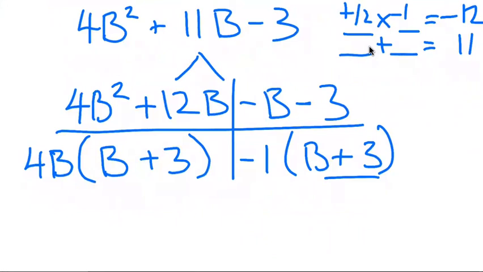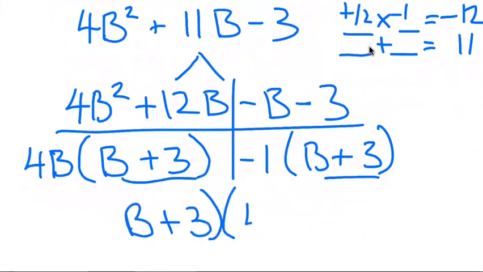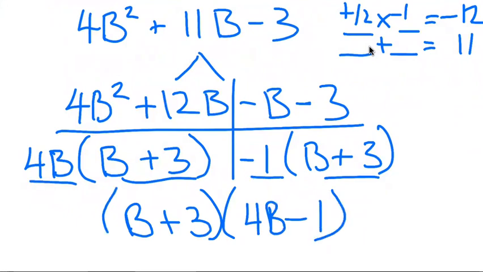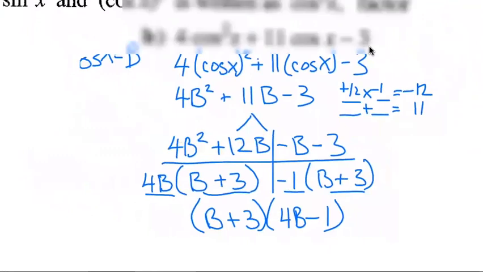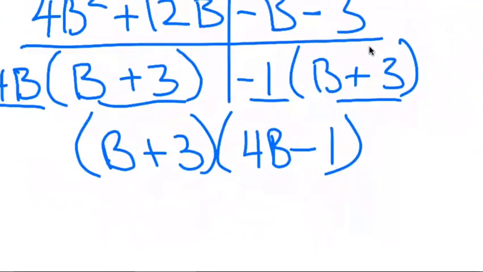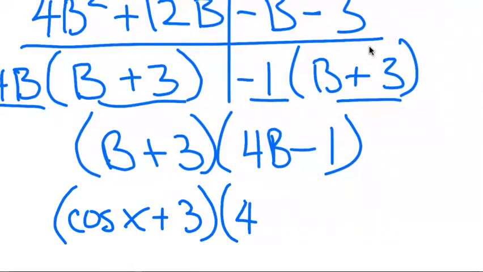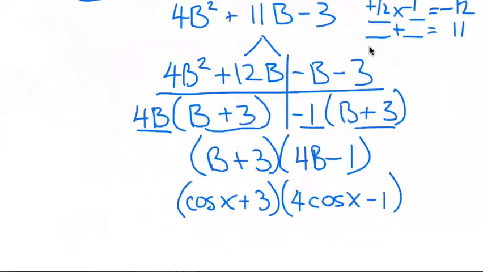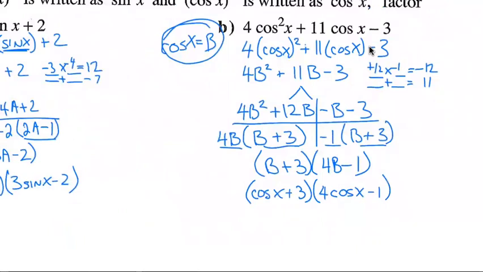Those are the same, b plus 3. 4b minus 1 comes from those parts. Remember, we started this question with the let statement, a substitution, so we have to substitute cos x back in. Cos x plus 3, 4 cos x minus 1. And that is factored.